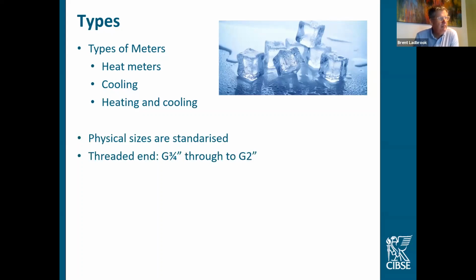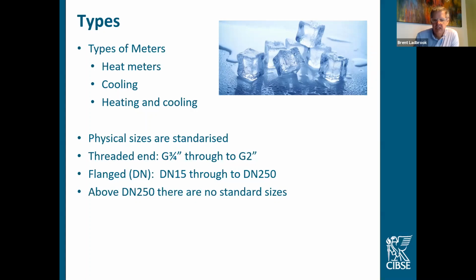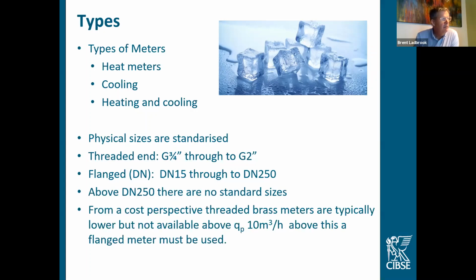Physical sizes are standardized, so it's quite easy. There are physical dimensions from 3/4 inch thread through to 2-inch thread, and then flanged sizes are available in DN15 to DN250. Over DN50, there are no standard sizes. These are all straight out of the EN 1434 standard, and most manufacturers would have sizes available that meet those standards.